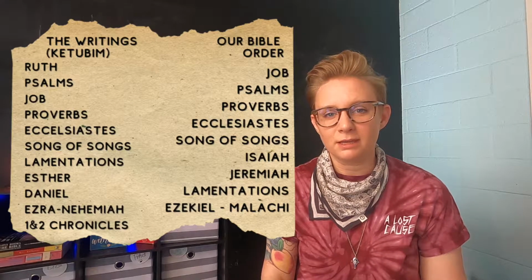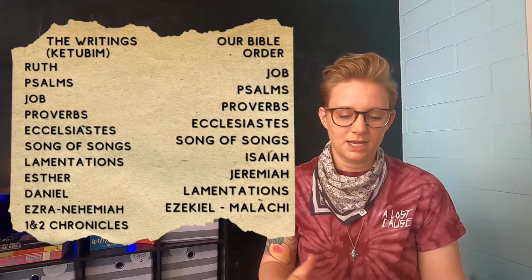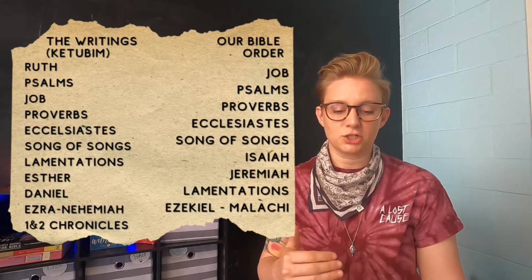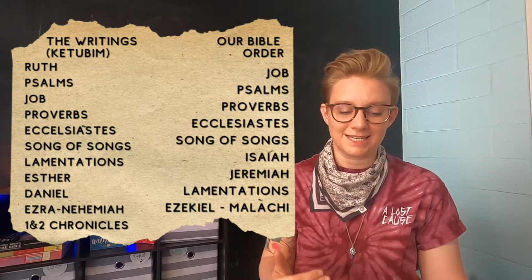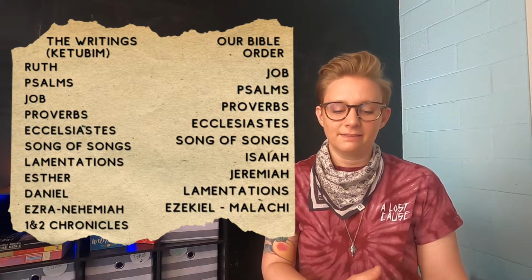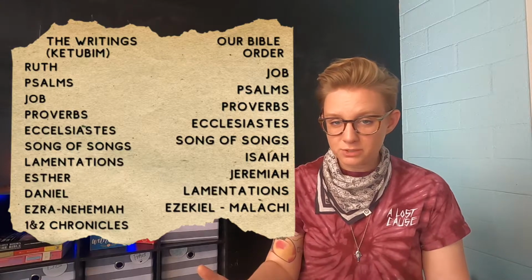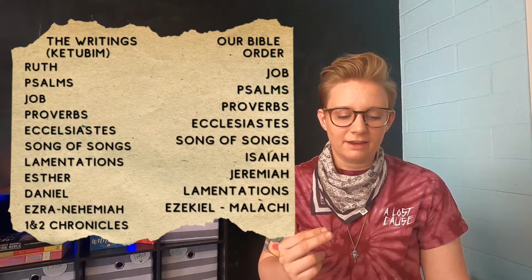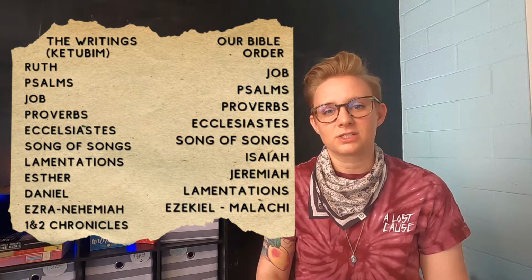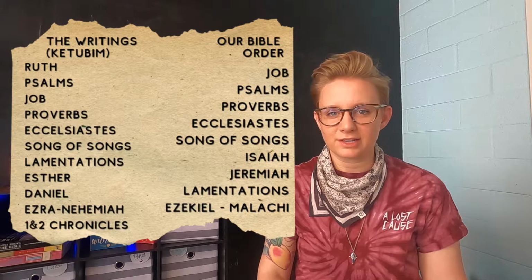And then there's the third section. And the third section of the Hebrew Bible was the writings. This is Ruth, Psalms, Job, Proverbs, Ecclesiastes, Song of Songs, Lamentations, Esther, Daniel, Ezra through Nehemiah, and 1st and 2nd Chronicles. And the Hebrew name for this third section is Ketubim.